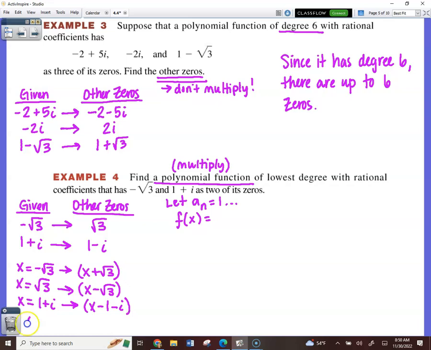And if x is 1 minus i, what would it come from? x minus 1 plus i, right? Do y'all see how I got those? Did you say no? Okay.